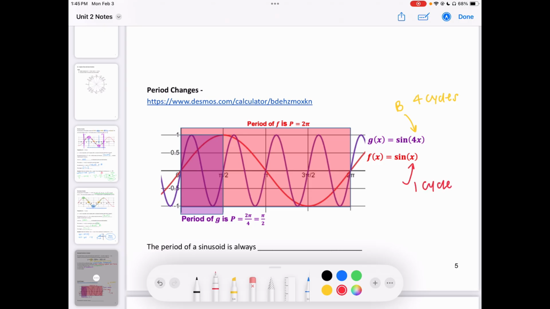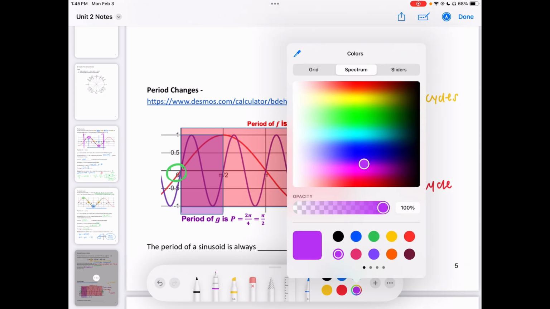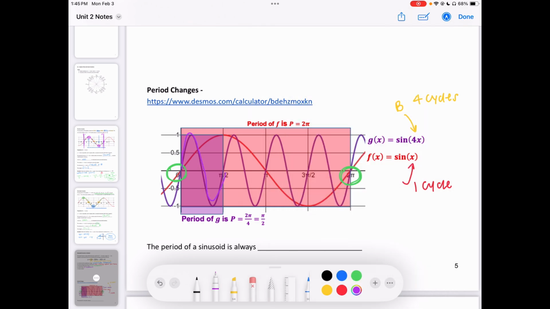And these cycles are between 0 and 360 degrees, or 0 and 2 pi. So notice we start at 0, we finish at 2 pi. On this purple one, what's happening is you have a full cycle once, twice, a third time, and a fourth time. So that is where the 4 comes in. You are repeating 4 times.